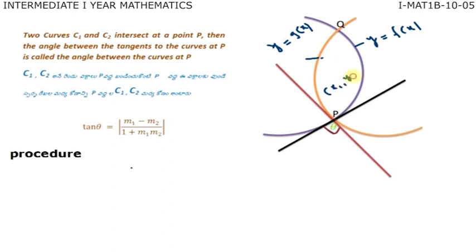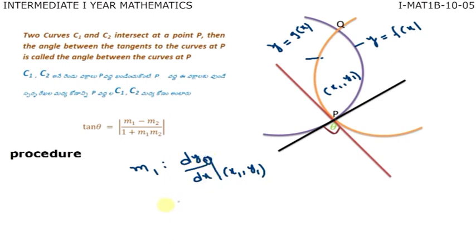Now m1 means slope of the tangent to the first curve, that is given by dy by dx at x1, y1. This is from first curve, that's why I am taking it for reference.